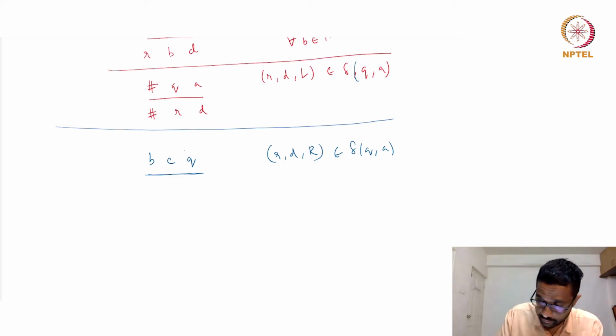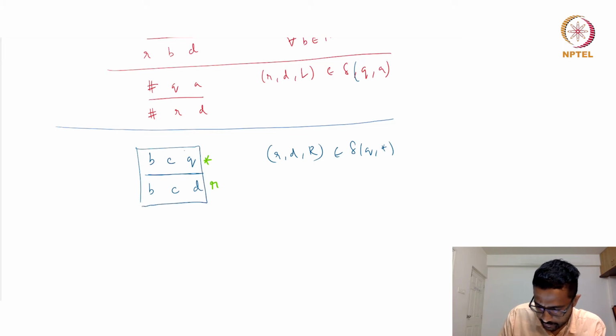Suppose there is some symbol, which I am just denoting by star, such that upon reading star and being at state Q, the tape head goes to the right, and it overwrites whatever symbol with this new symbol D and enters the state R. So B will remain here, C will remain here, but this location was earlier star, and this star is now being overwritten by D, right? And this Q will now point here, because the tape head is moving right. So it's not Q now, the new state is R. But that doesn't matter because in the 2 by 3 window, we are just interested in this, right?